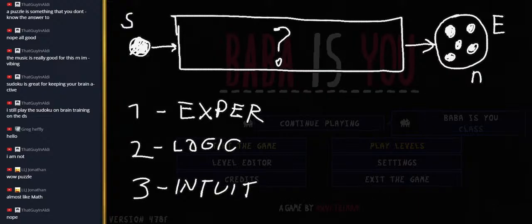Speaking of which, what makes you think some things will work and some things won't? That would be logical deductions.